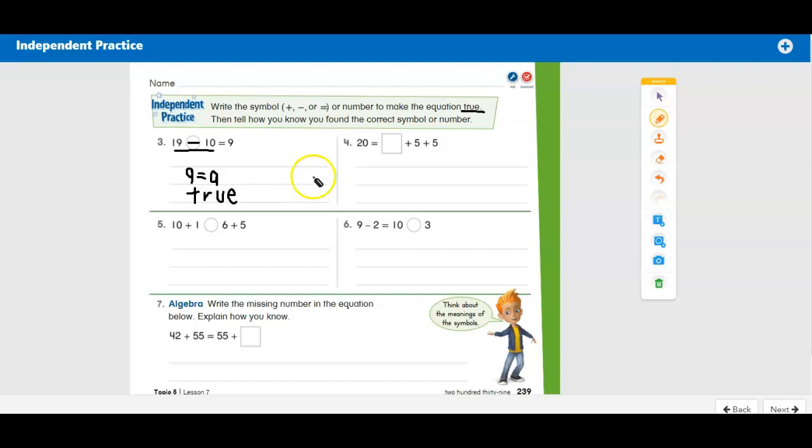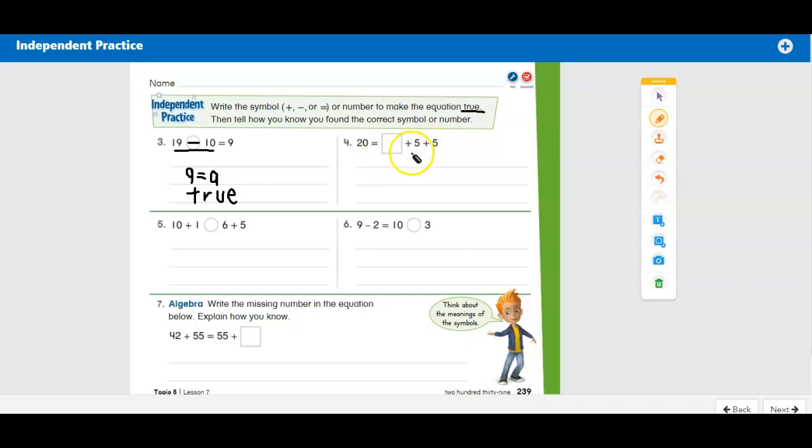So on number 4, it says 20 equals blank plus 5 plus 5. Would you put a symbol or a number in the blank? Well, we already have our symbols, so it looks like we would put a number.